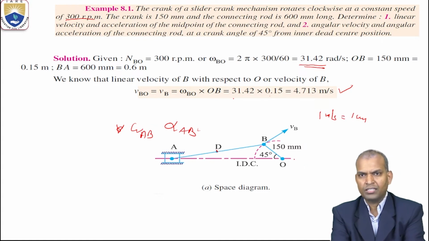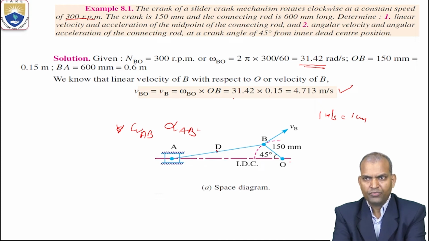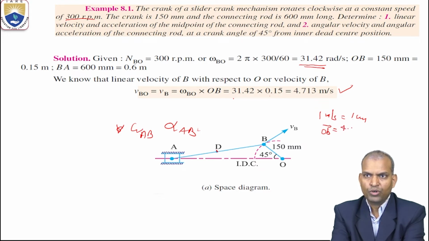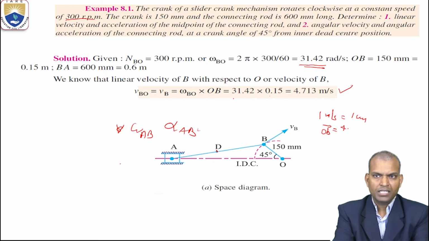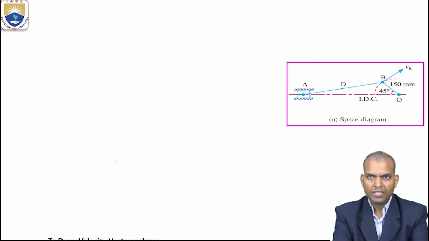Some suitable scale, choice is yours. You can consider 0.5 meter per second equal to 1 centimeter, also okay. But if 1 meter per second equals 1 centimeter, the vector OB equals how many centimeters? 4.713 centimeters. That is the vector length.